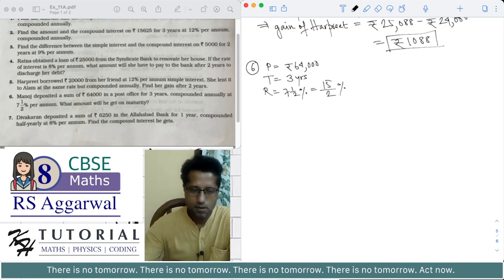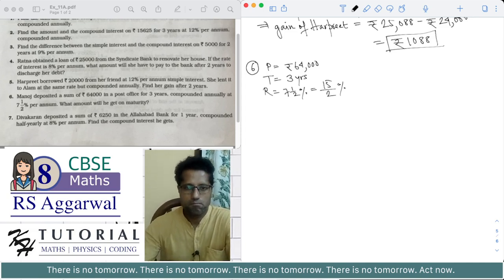So that is the amount that Manoj will receive after 3 years on maturity. We do not have to find the compound interest. We have to find the amount.